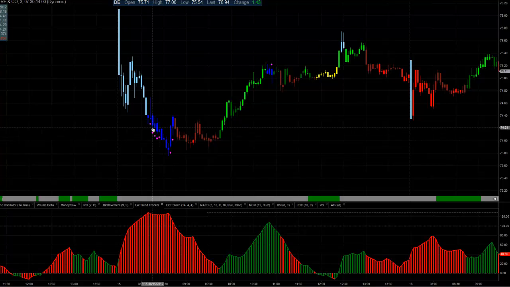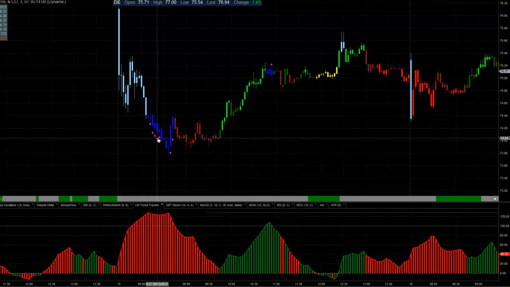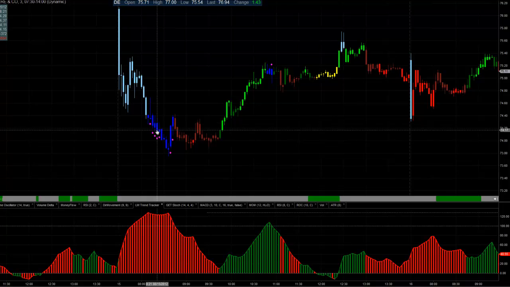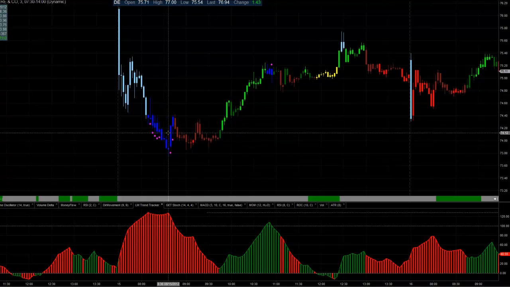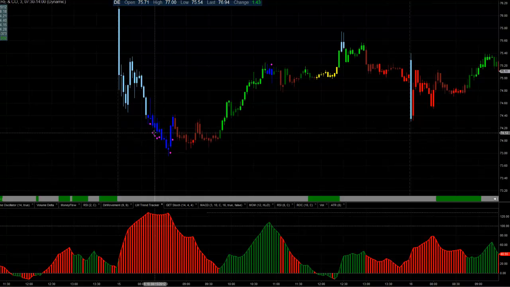So when we had the pink divergence dots, the strength of this downtrend is decreasing. Now again, that's a warning to tighten stops and to pay attention: if you're looking for a reversal trade, you can start looking for a signal or a trigger. It doesn't mean that on the first dot price is going to reverse.